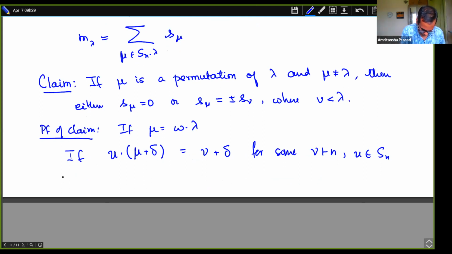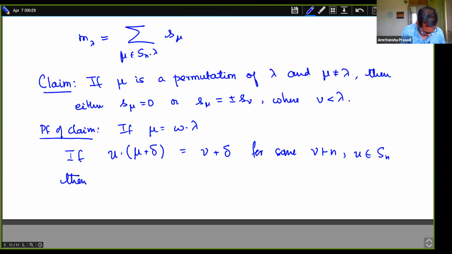Then what we have is nu is equal to w dot mu, plus w delta minus delta, right? And so now we have, of course, that nu is a partition, and w mu is again going to be a permutation of lambda.